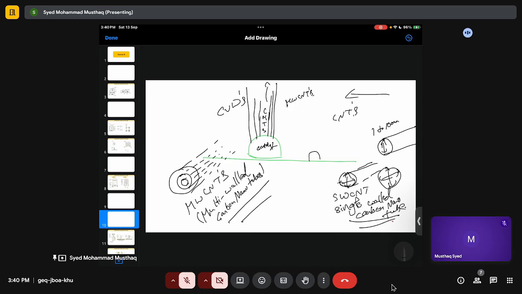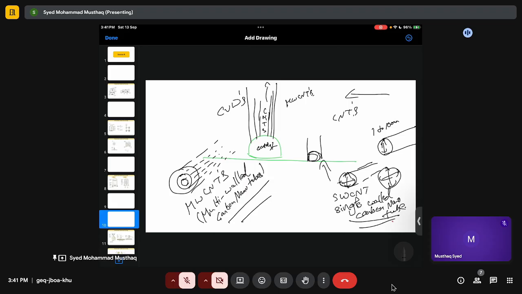And to form a single wall nanotube, we need to have a very fine particle of catalyst, a nanoparticle of catalyst. Then the maximum wall radius we can achieve is single wall. If you have a big catalyst, then so many walls are formed. If you have a very fine catalyst, then the radius is such that you can only form one wall. So that is about single wall nanotubes.